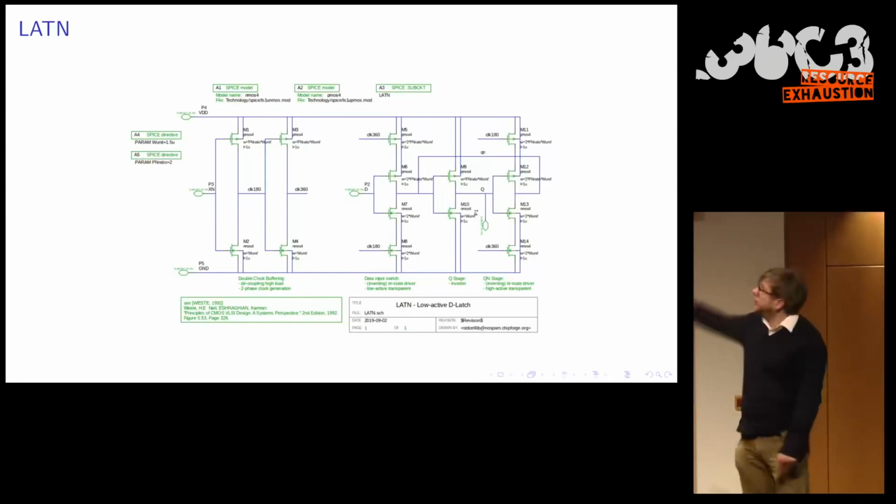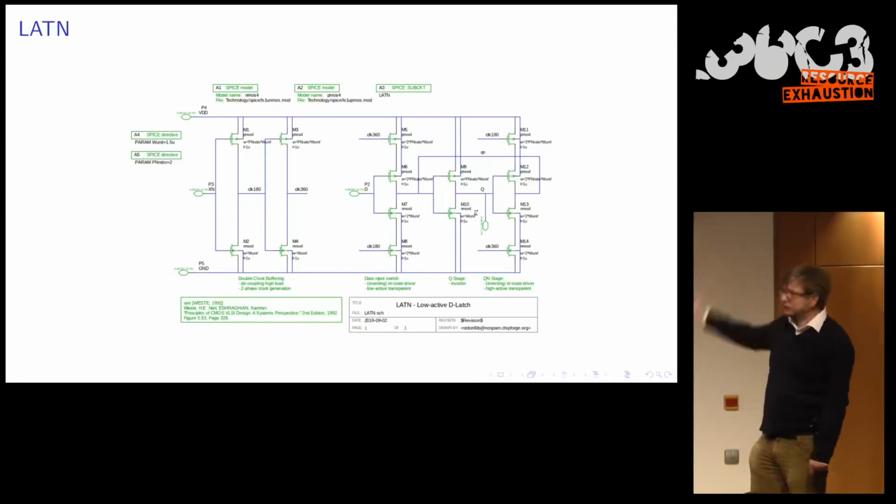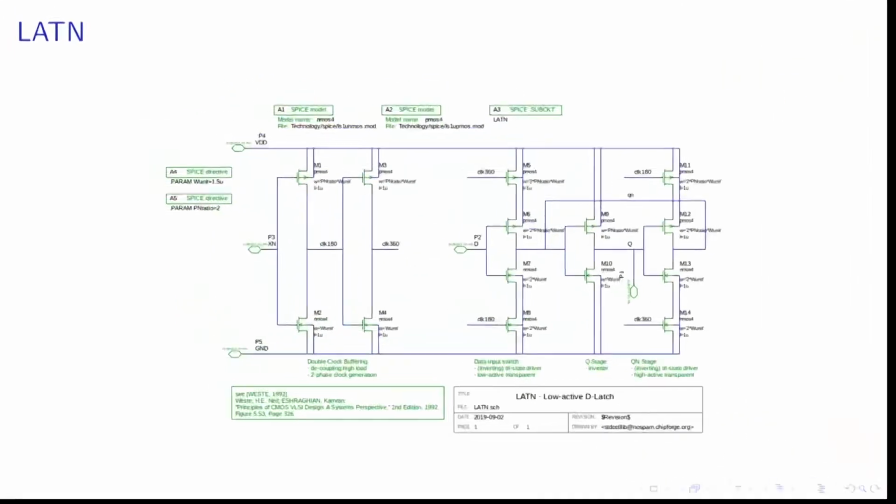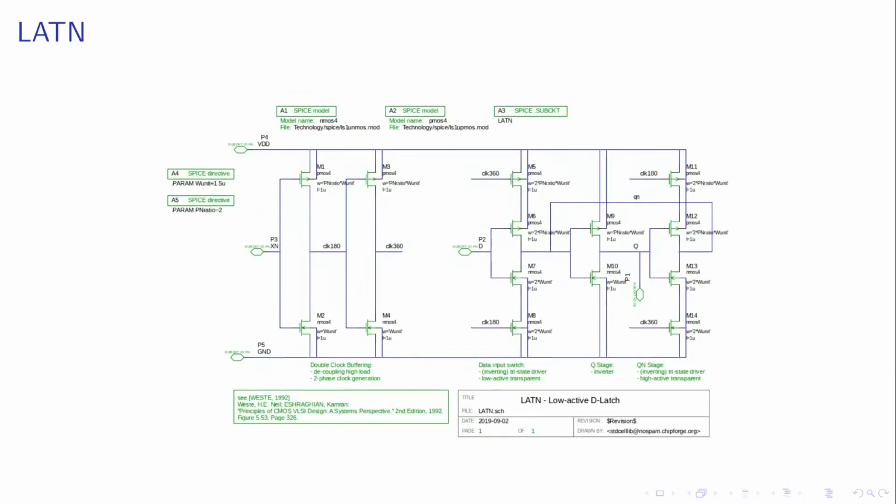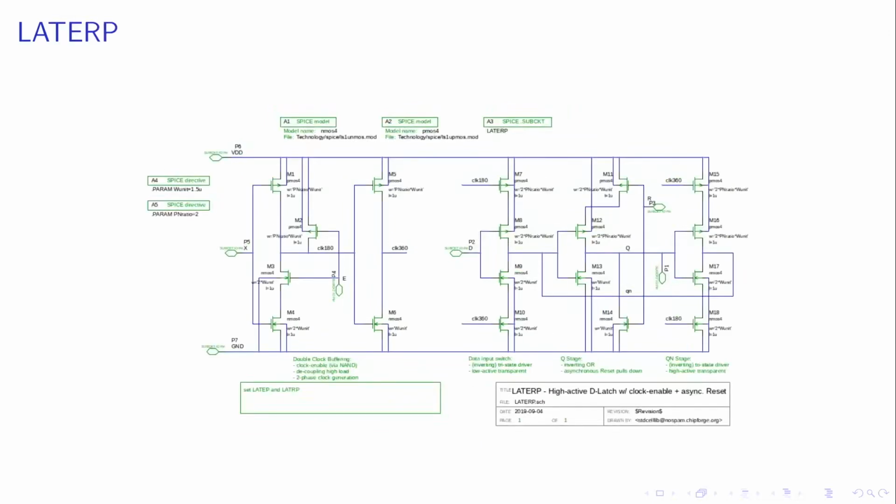That's the same for low active D-latches, with the N, the NOT, at the end. I have exactly the same circuit, but the clock signals are the other way around in comparison to the one before. To make it a little bit more complicated, I have an example of a latch which is high active, with the positive edge, which has a clock enable, so I can allow the clock or disallow it, and it has an asynchronous reset.